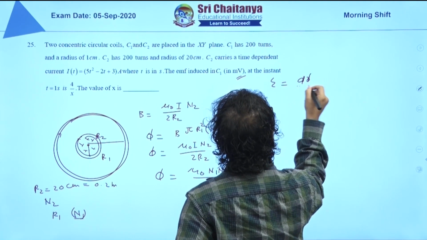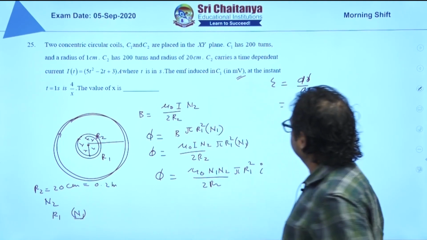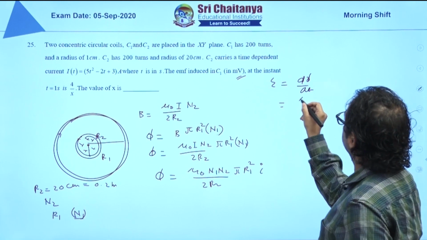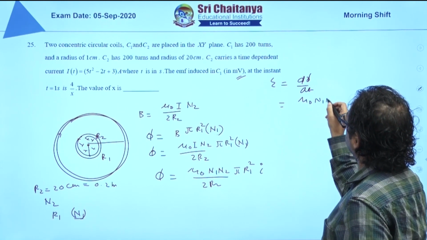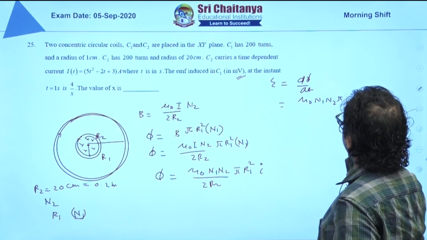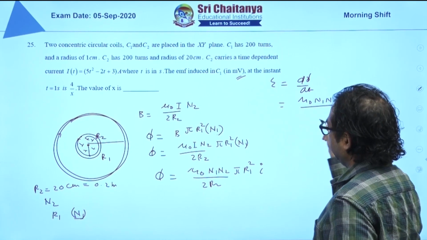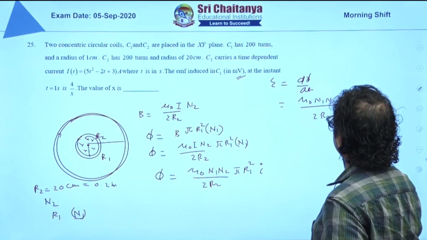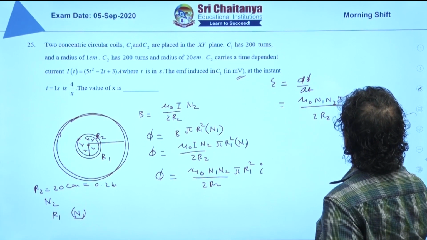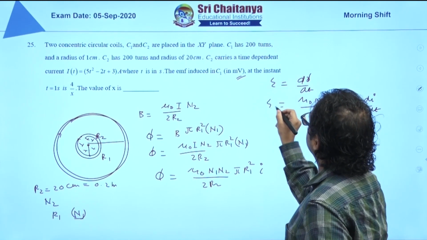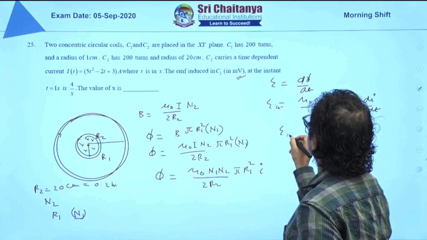So, d phi upon dt gives mu naught N1 N2 pi R1 square divided by twice R2 into di upon dt. This is your induced EMF.